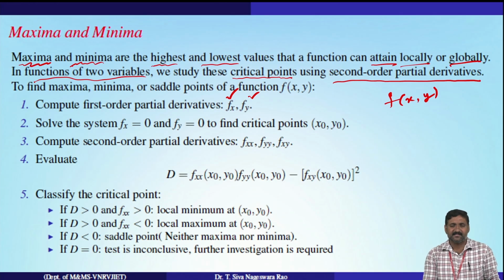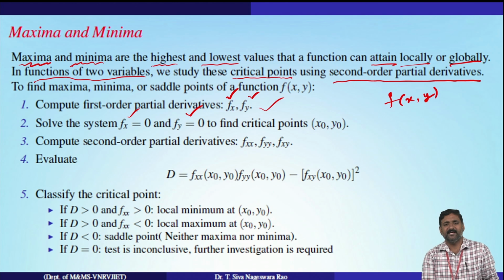First, we calculate the first order partial derivatives and equate them to 0. We will get two equations in two unknowns, x comma y. By solving these two equations, you will get the set of all points denoted by x naught comma y naught. These points are called critical points.